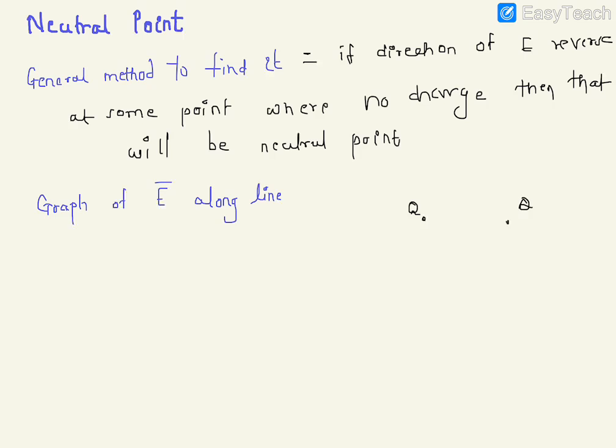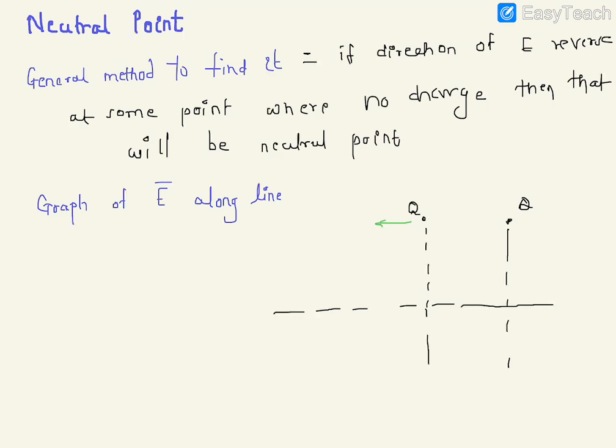Let's say I have two positive charges, two equal positive charges. Okay, this is just my graphical plane. So these are the two point charges in my plane. Now imagine I am standing at point Q and I am moving away from point Q.